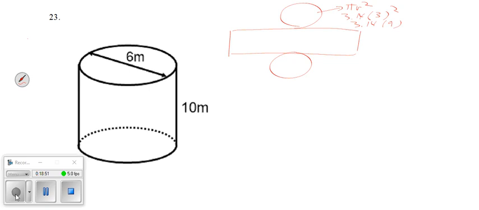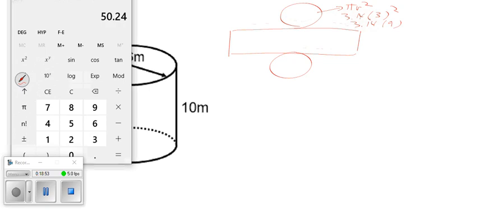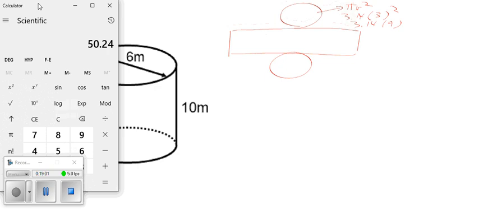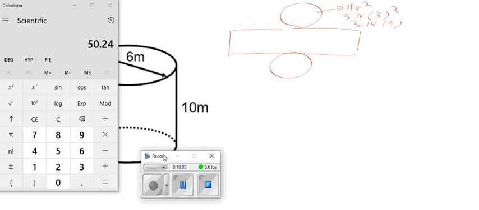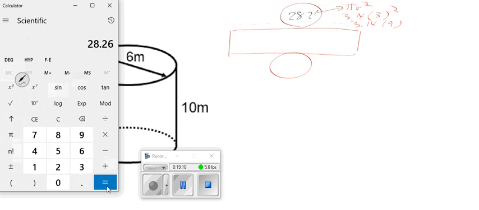And 3.14 times 9, if I grab my calculator, equals 28.26. So 28.26 and 28.26. So I put 28.26 in each of those.